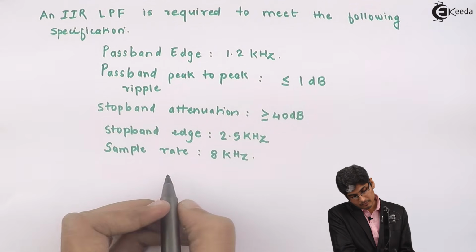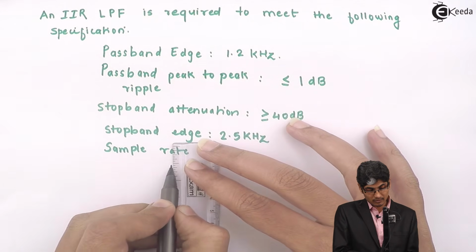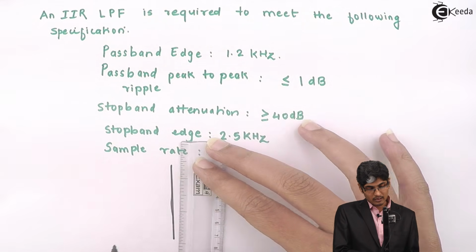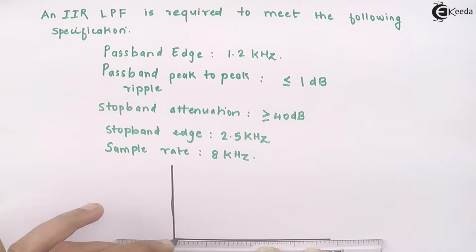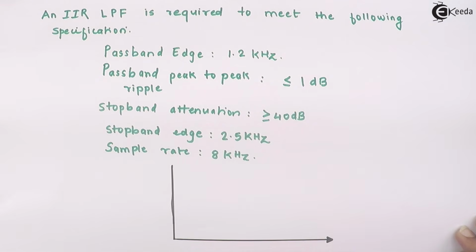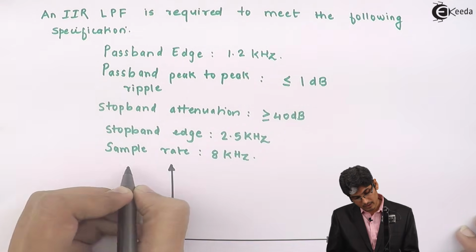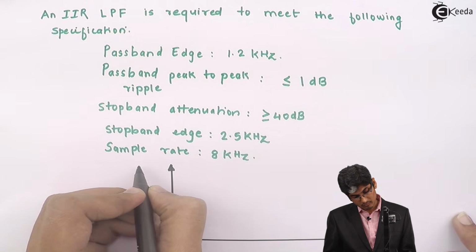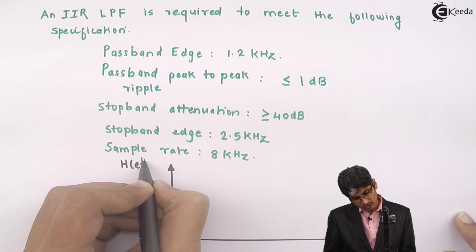So if I draw this characteristics again similar to that of the previous one, then I have on the x-axis my omega, I have on the y-axis my H of e raised to j omega.